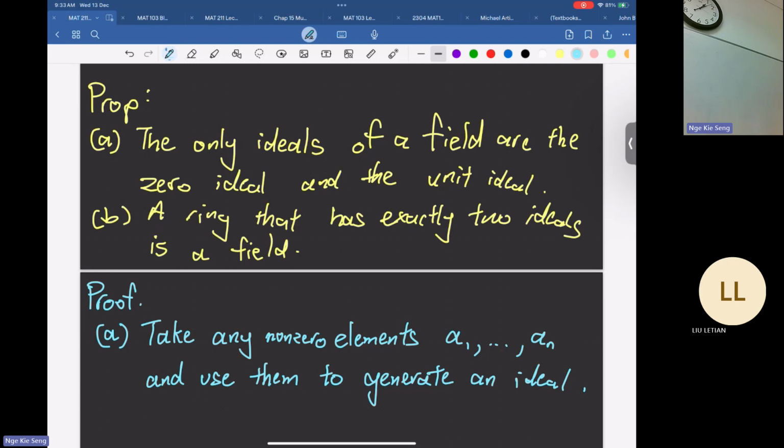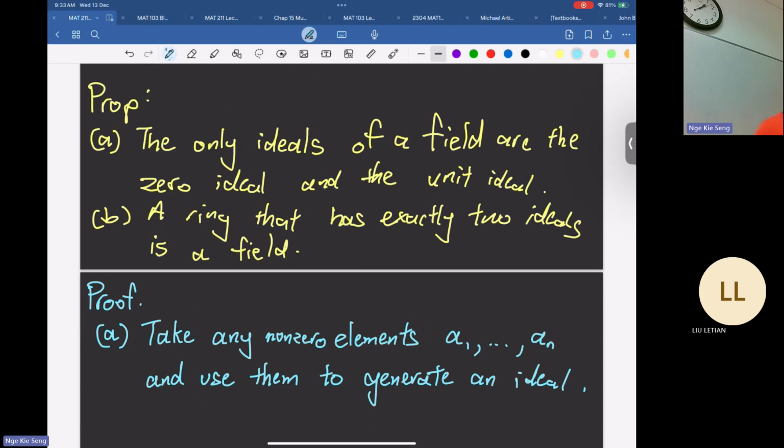Non-zero element in the field satisfying what property? It has a multiplicative inverse. So if you take the multiplicative inverse and multiply with AI, what do you get? One. Don't you get one this way? Right. Okay.